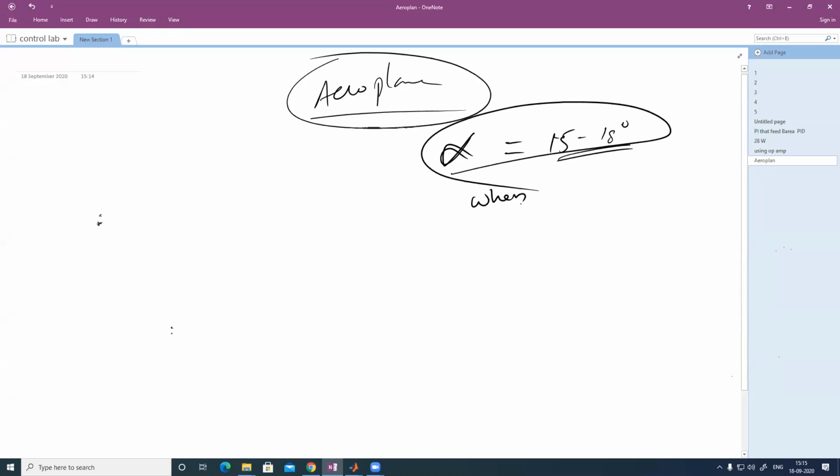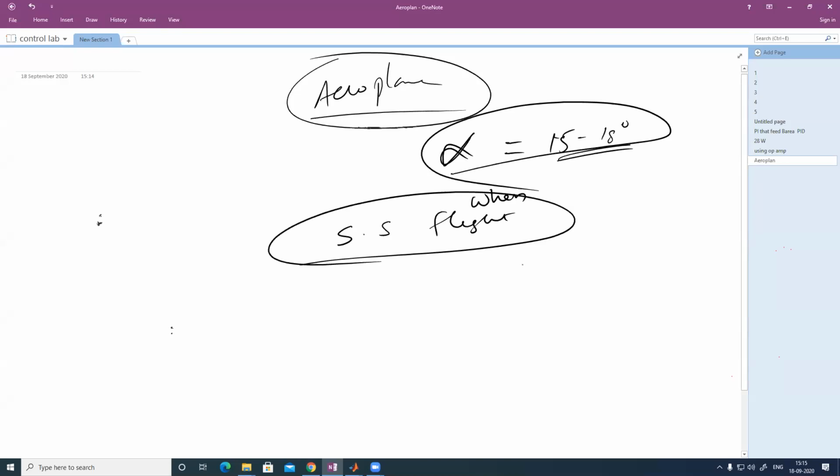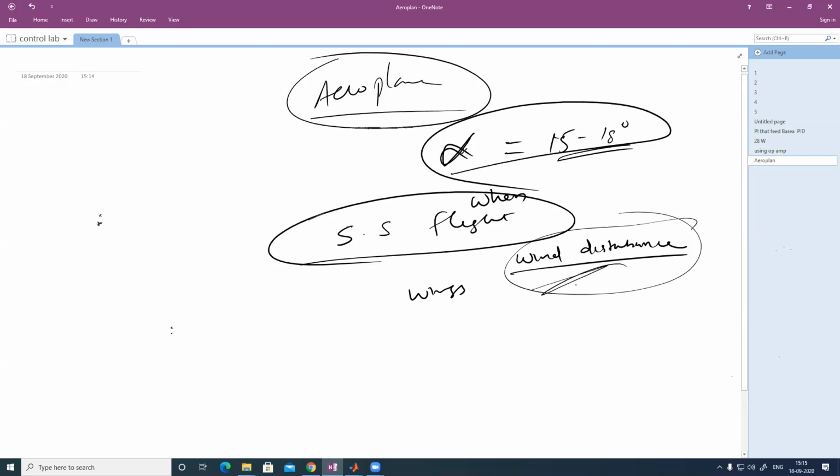If it is in steady state flight, which means it will be in auto control mode, and some wind disturbance comes, it has to balance for that. That is the extra load coming to the wings. That extra load due to the wind disturbance is modeled as a disturbance.